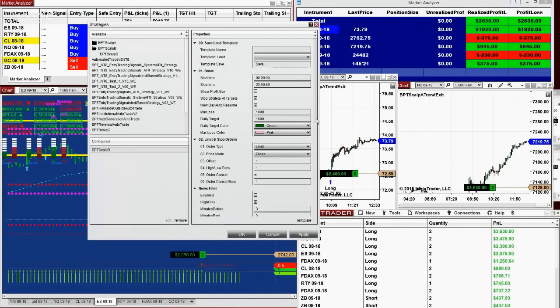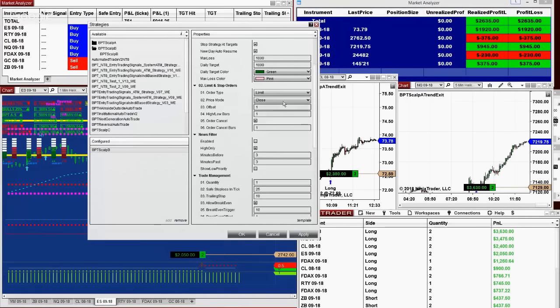For the type of order, you can have a limit order, market order, or stop order. And then you have a close or high-low at the entry of the bar. You can use a market order and a close. Offset, you can put 1 or 2, depending on what you want to do. That's all you have to do on the A and B scalper.